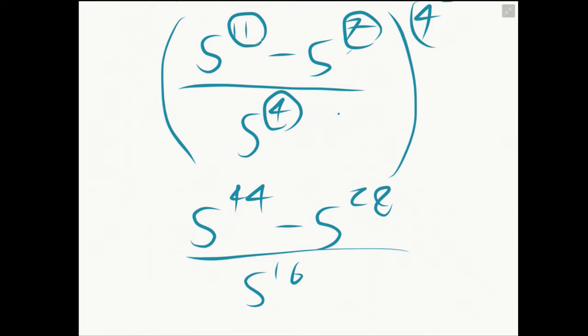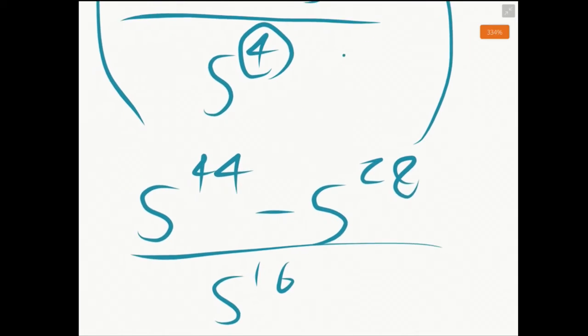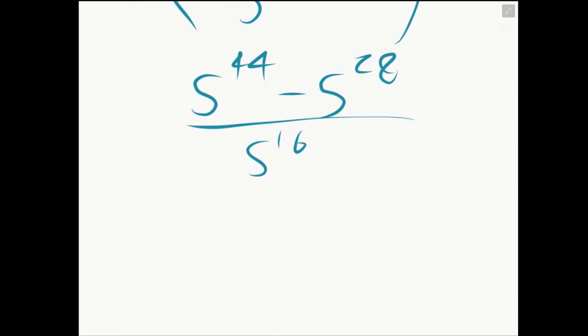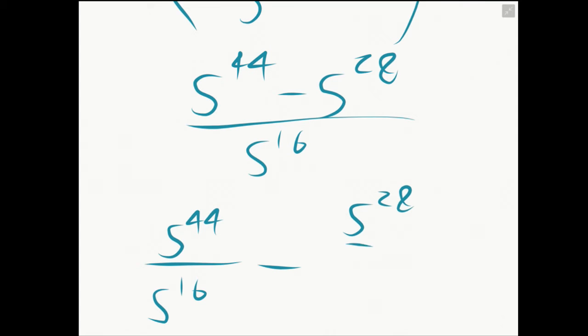Okay, what's another way to represent this? We could do it right now, but I'm just going to rewrite it in a slightly different format so it makes a little more sense, and I personally think it just looks visually more appealing. So S to the power of 44 minus S to the power of 28 over S to the power of 16.